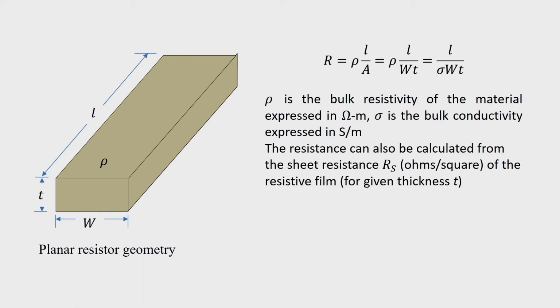Resistance can also be calculated from the sheet resistance R s, which is measured in ohms per square of the resistive film, and for a given thickness of the film T, we can write R equal to R s L by W, where R s is related to rho as R s is equal to rho by T, which is equal to 1 by sigma T.